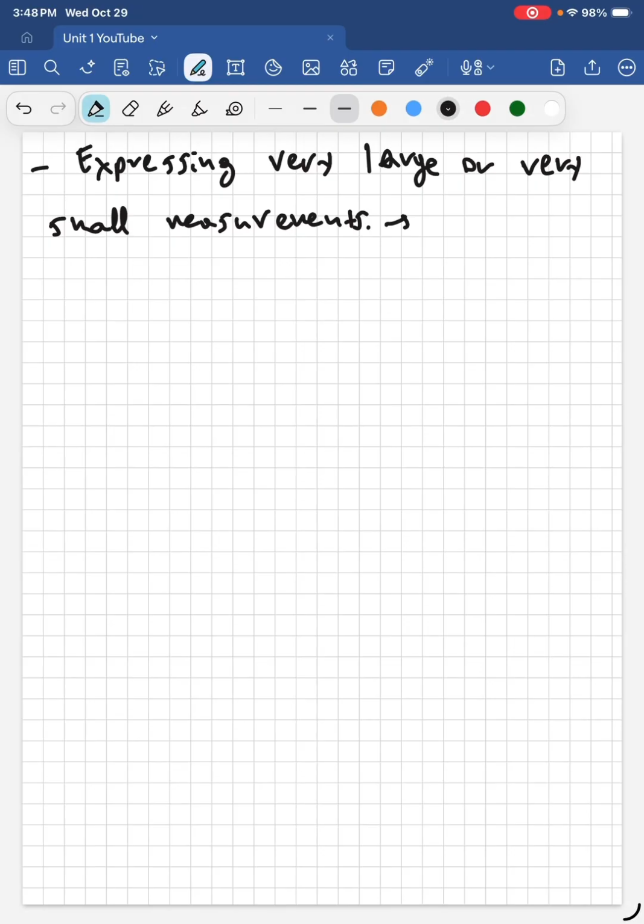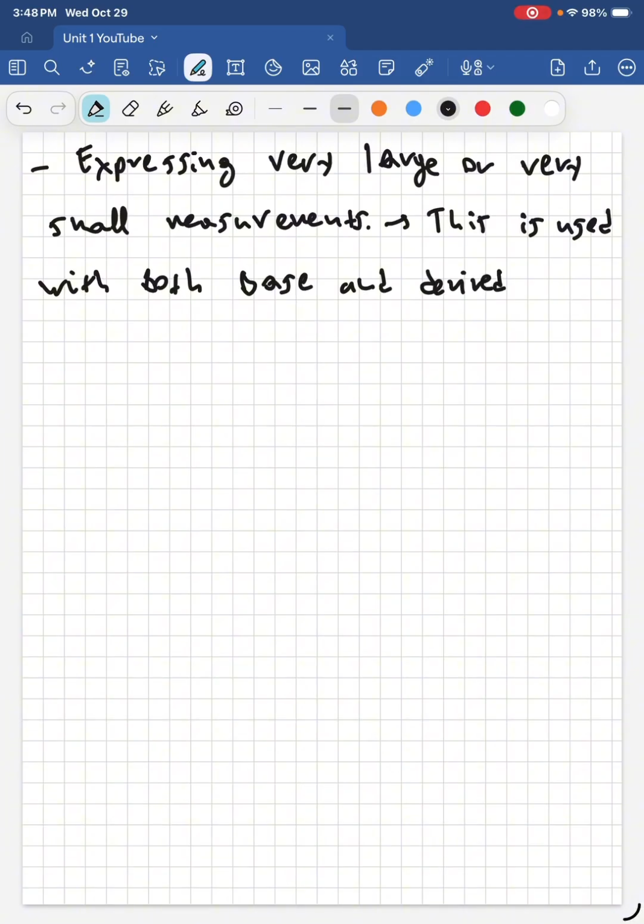And this is used with both base and derived units. Okay, and the way to do that is to use prefixes.